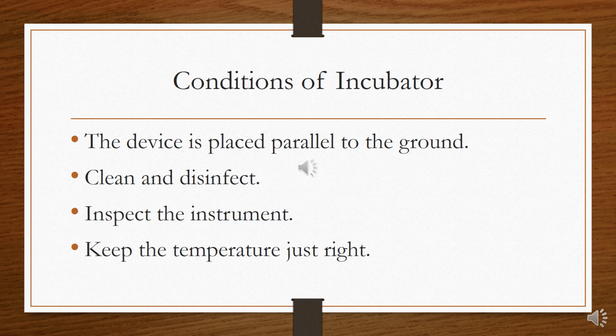The thermostat should be operated at a temperature of 39 degrees Celsius for 24 hours as per the instructions of the manufacturer, in particular capsules, mercury, water, micro switch, etc. And finally, keep the temperature just right. The temperature inside the incubator should be kept between 36 and 39 degrees centigrade.